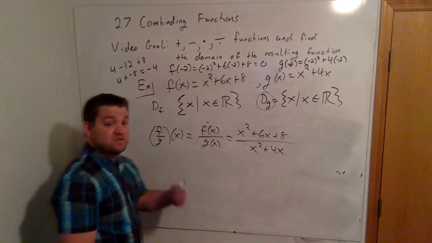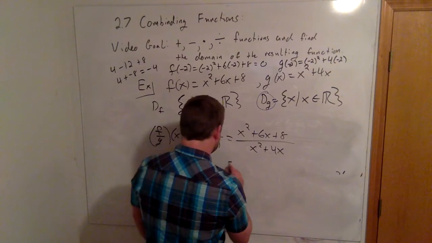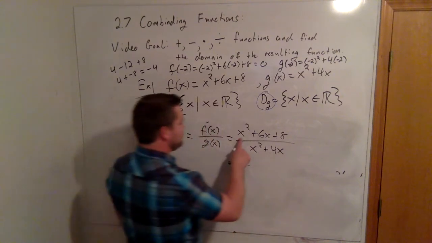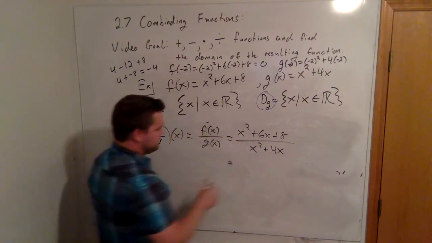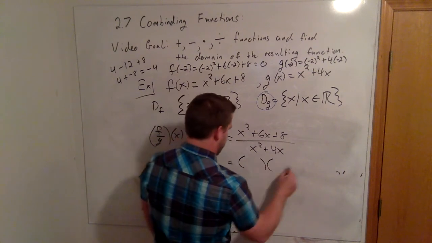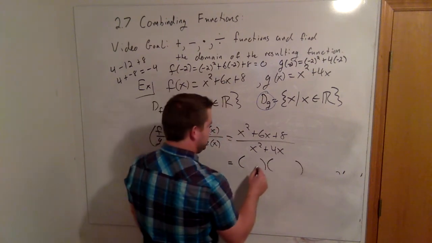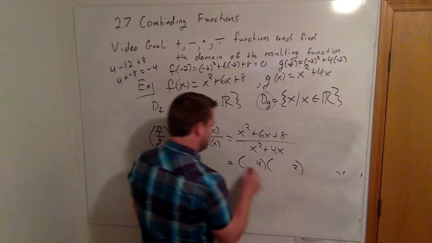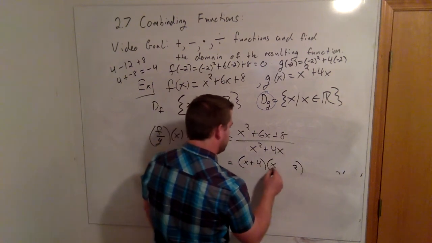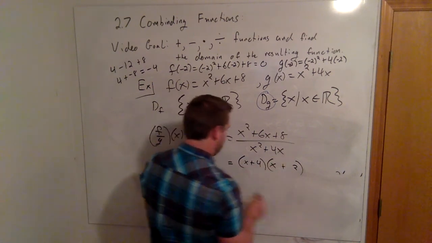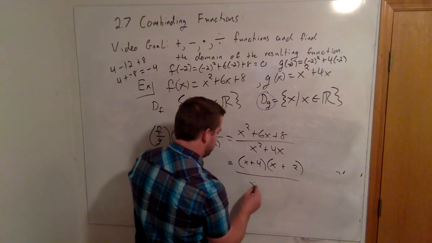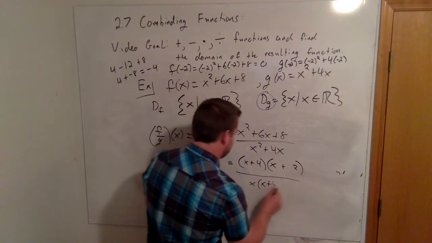Okay, now we can go ahead and simplify this if we'd like. So let's see here. In the numerator, how can we factor that? I think I need a 4 and a 2, so this will be x plus 4 and x plus 2. All over, I can factor out an x, and I can get an x plus 4.